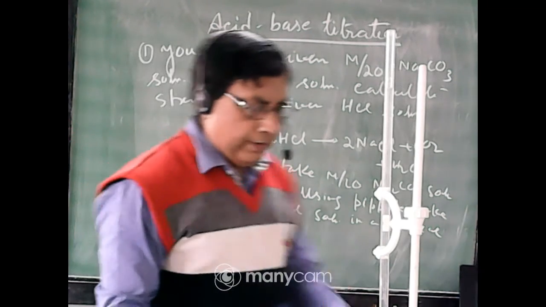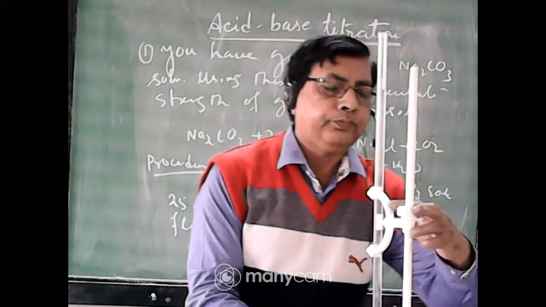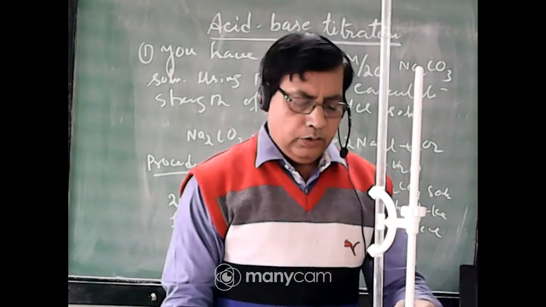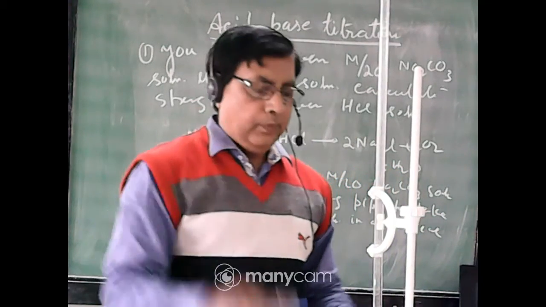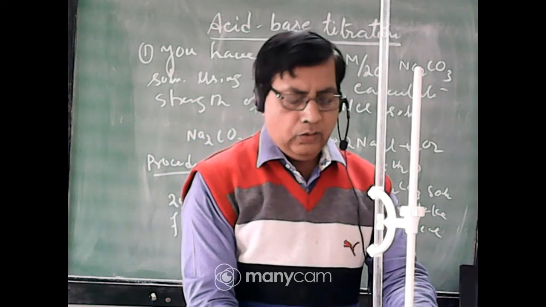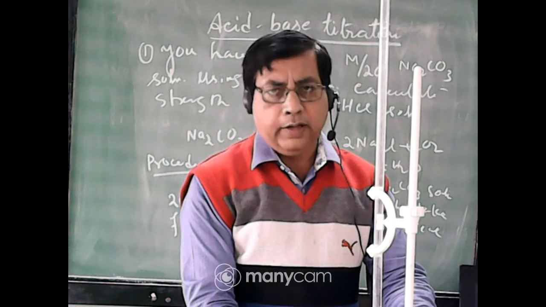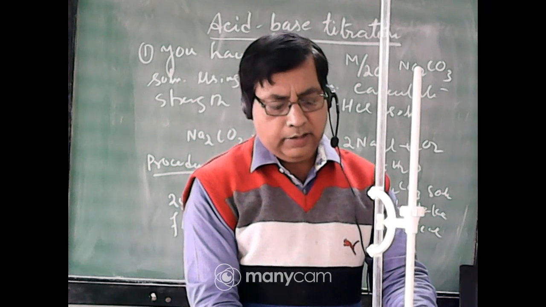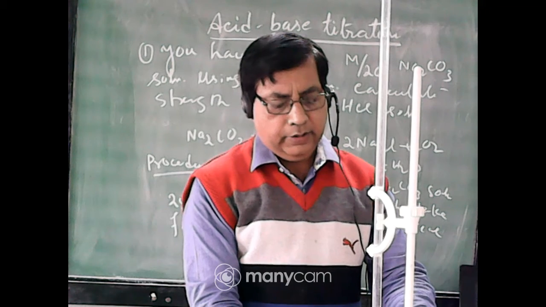Now you titrate in this way. You hold the conical flask in the right hand and turn the knob of the burette with the help of the left hand in this way.